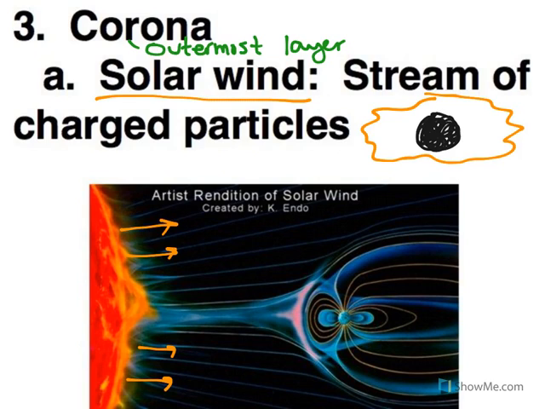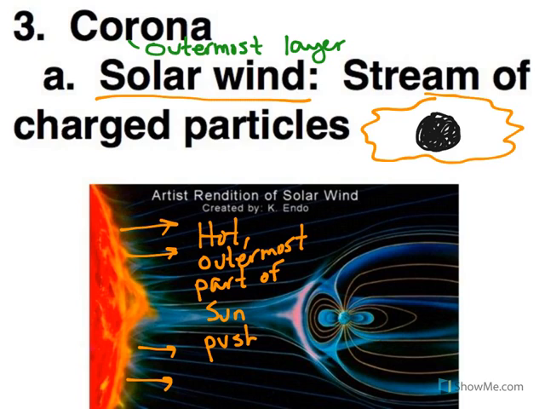And it has to do with the fact that the sun is so hot. And so the outermost part of the sun basically evaporates, isn't really the right word, but it's constantly being pushed off. And so the illustration here is showing it does interact with our magnetic field. This is Earth's magnetic field here, and showing our magnetic field lines.